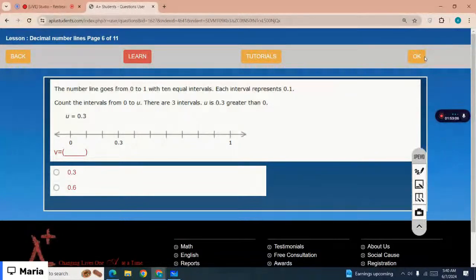That is already given. 0.3 it is, right? The correct option is 0.3.